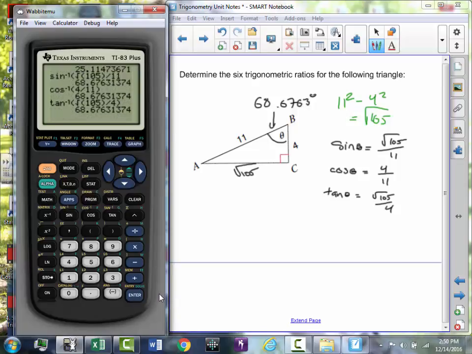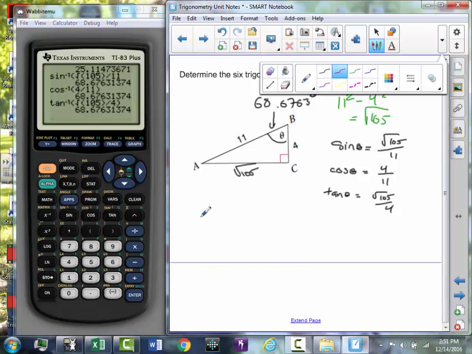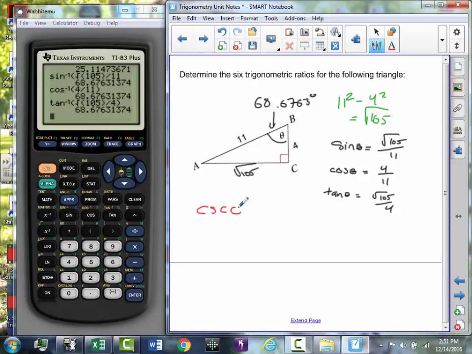With me so far? Those are known as the primary trigonometric ratios, and because that's really all you need to get going, we abbreviated them SOHCAHTOA and teach them to you in grade 10. But a special, more advanced calculator might have a button for what's called a cosecant. We don't have a button for cosecant, but if we did and we wanted to solve it, the only difference is rather than it being root 105 over 11, it would be 11 over root 105.